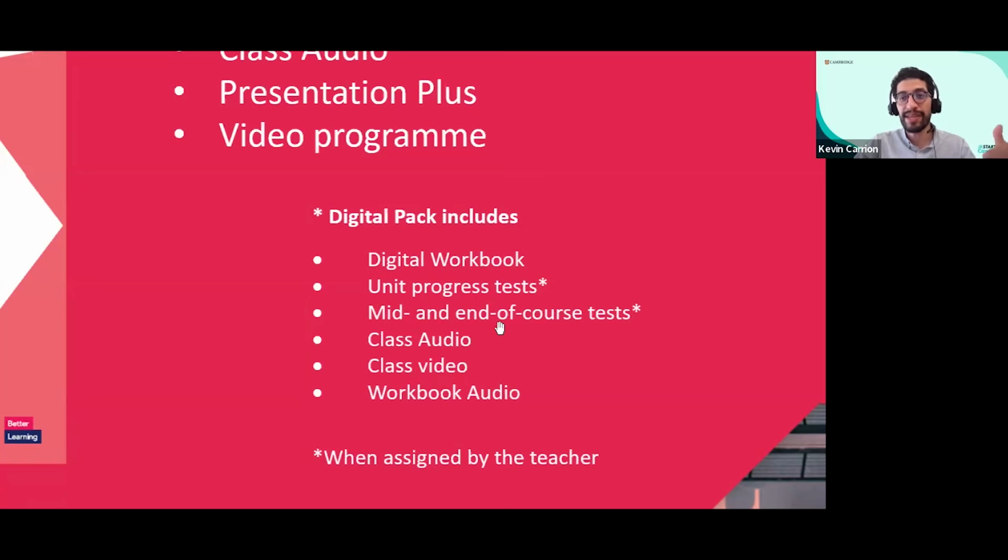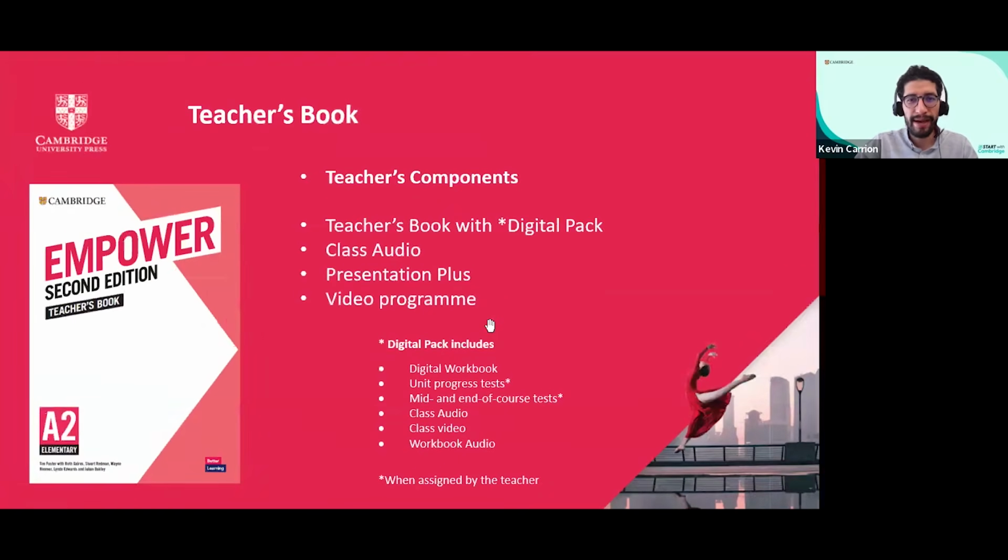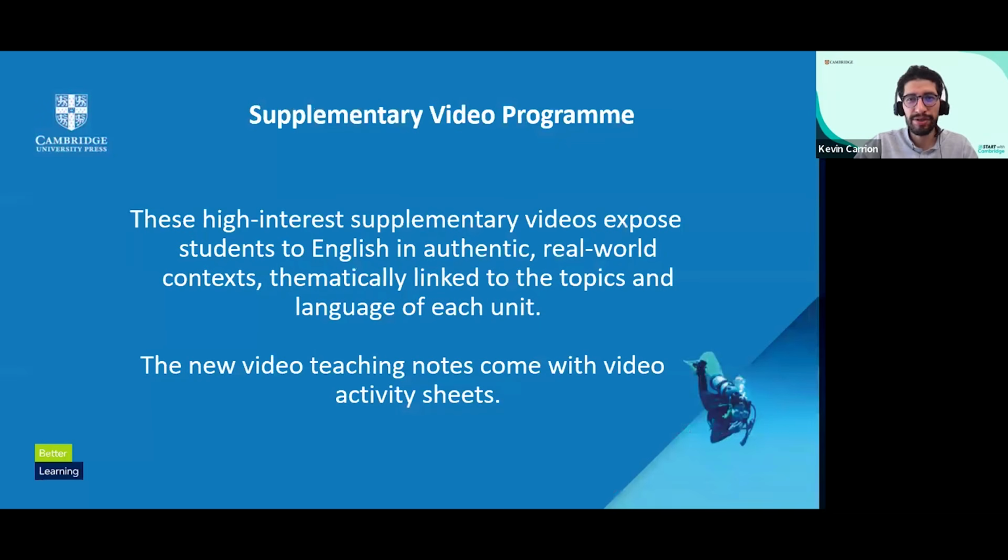Remember, you need to assign them for your students to see them and do them. You have access to class audio, class video, workbook audio, and that's pretty much it.